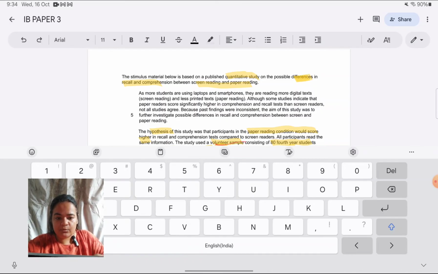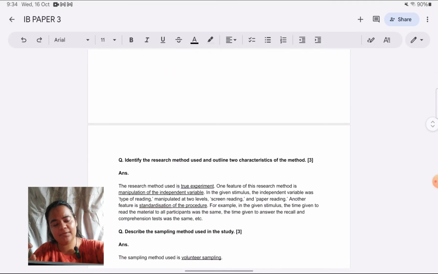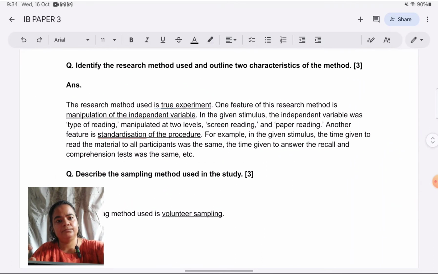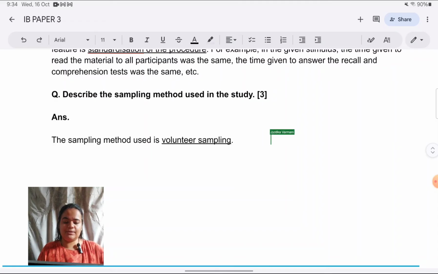They were not forced to participate. They were fully informed. So that makes it very clear that they wanted to participate, right? So this is how we can contextualize using the wording that they have only given. We can make it clear that they were willing to participate. So we can put it this way.